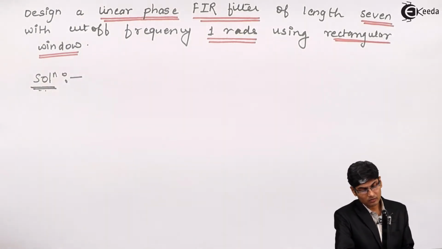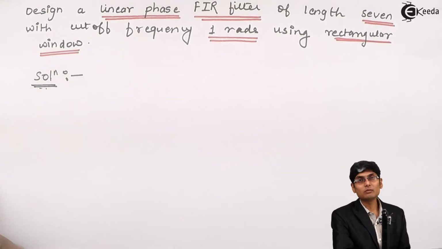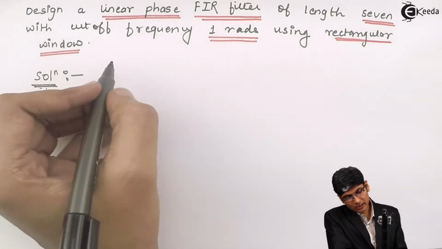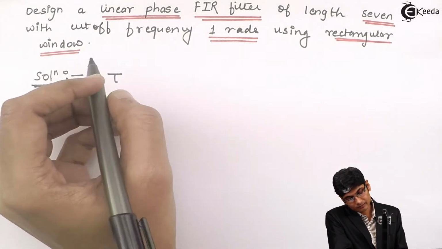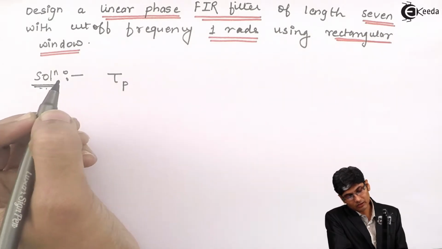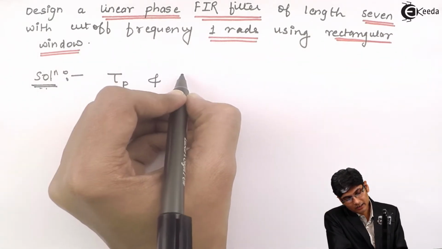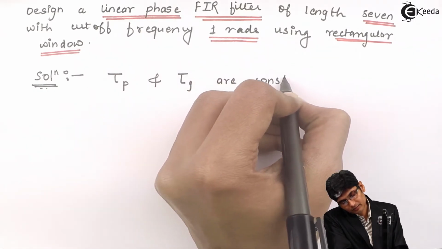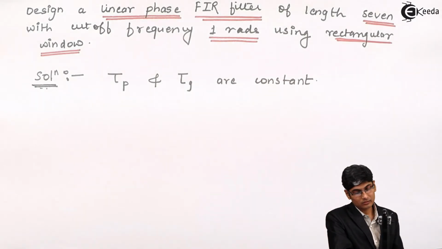The solution of this problem needs to proceed in a very peculiar form. Now we need to understand what we mean by a linear phase filter. A linear phase filter is the one in which the delay functions, tau p, that is the phase delay, and the group delay are constant.